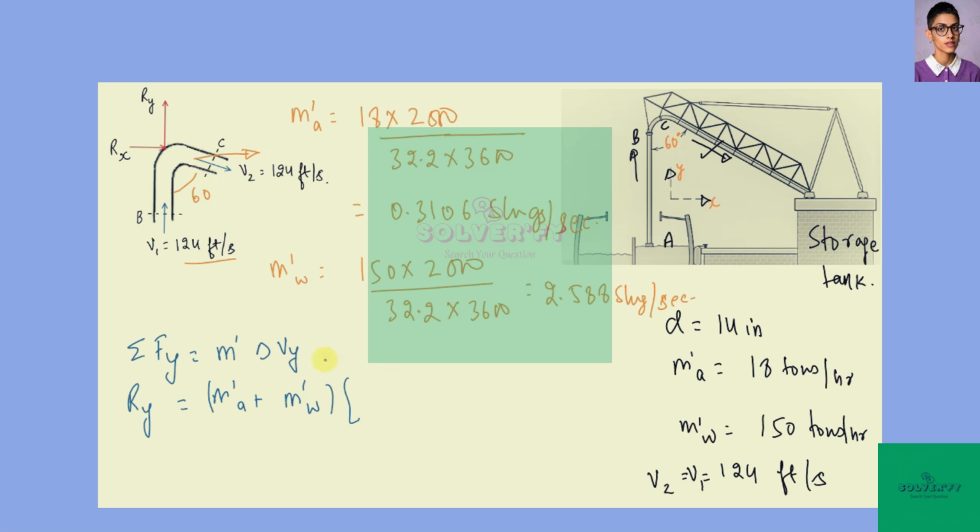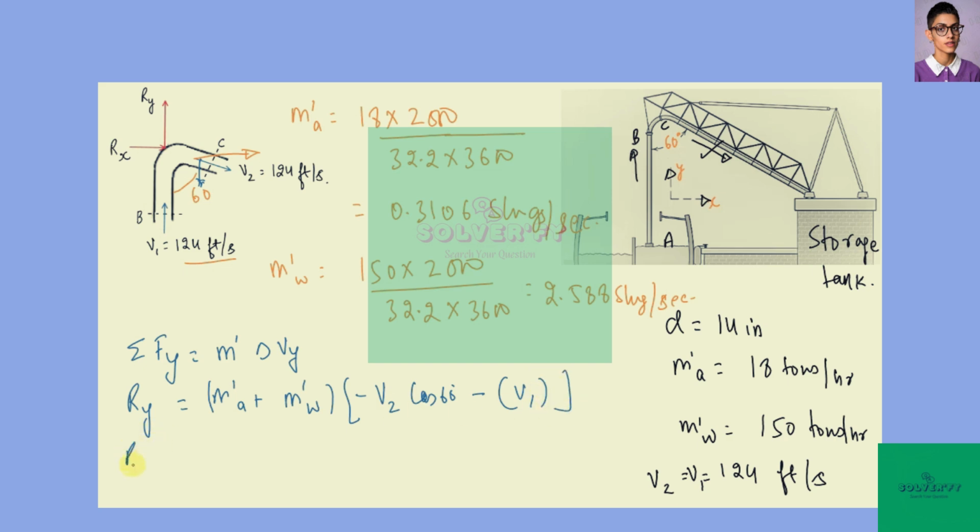Now the final velocity would be V2 cosine 60 this time, and since its component is acting in the downward direction, we have to take a negative sign here. So minus V2 cosine 60 degrees minus the initial velocity. Initial velocity we have 124, so V1 as it is.